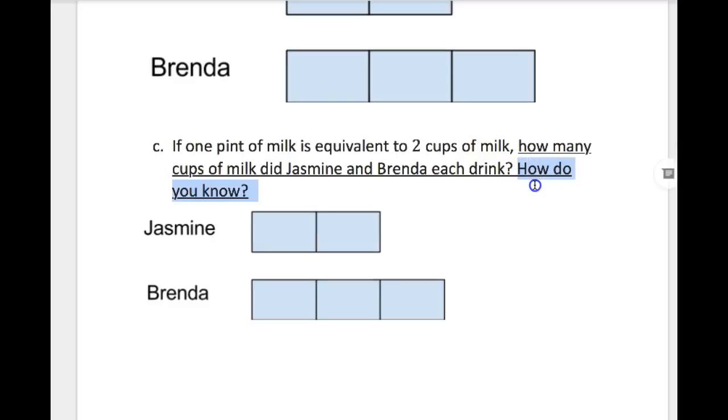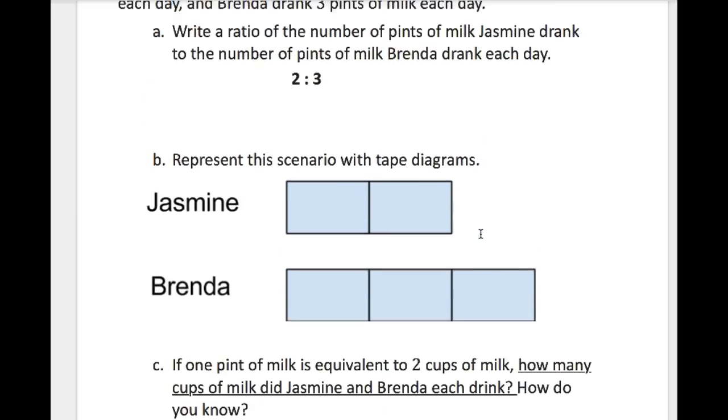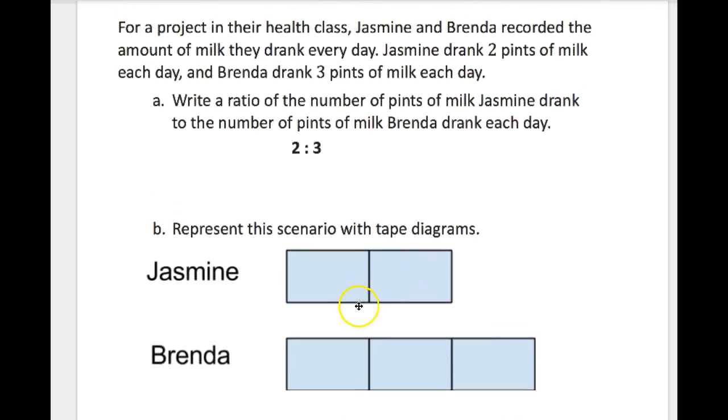I'm not going to underline that, even though it is a question right now, because I don't want to confuse people. The main question we have to answer is how many cups of milk did Jasmine and Brenda each drink? But to do that, we have to go back and look at if 1 pint of milk is equivalent to 2 cups of milk.